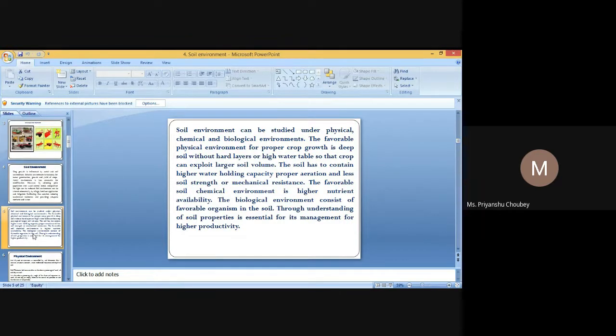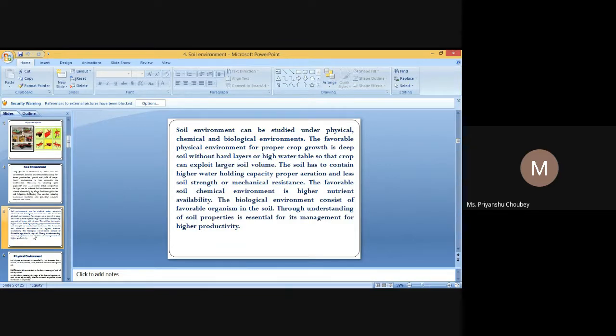So soil environment can be studied under physical, chemical, and biological environment. The favorable physical environment for proper crop growth is a soil without hard layers or high water table, so that a crop can exploit a larger soil volume.